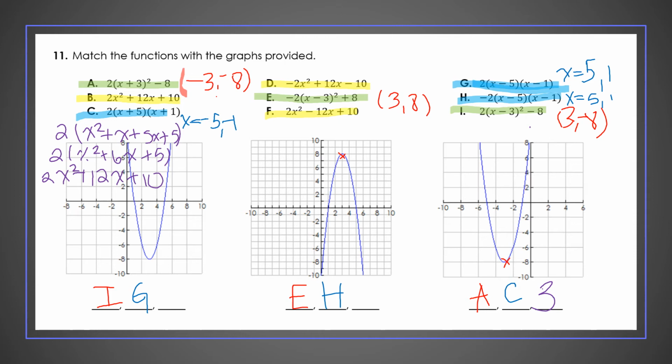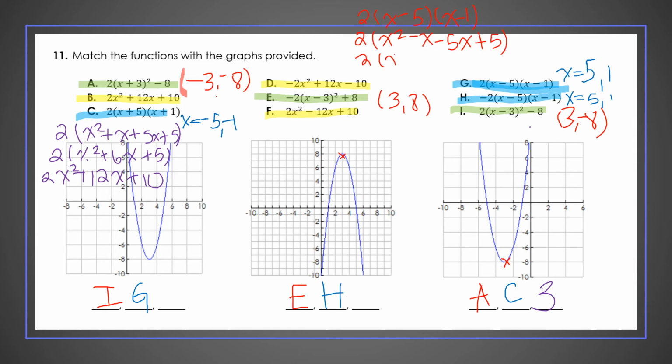All right, now I'm going to take G and FOIL it. So let's do that over here. G is x minus 5 times x minus 1. So I'm going to FOIL. That's going to give me x squared. X times negative 1 is negative x. Negative 5 times x is negative 5x. And negative 5 times negative 1 is positive 5.